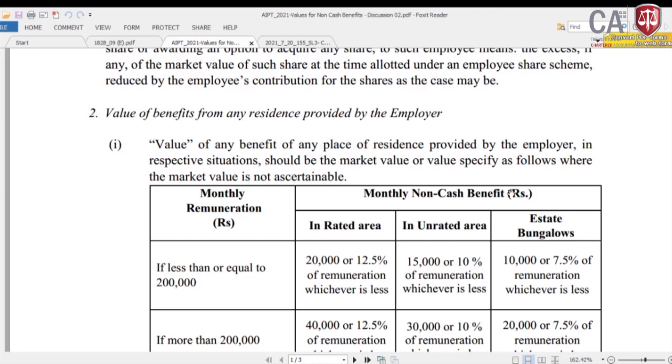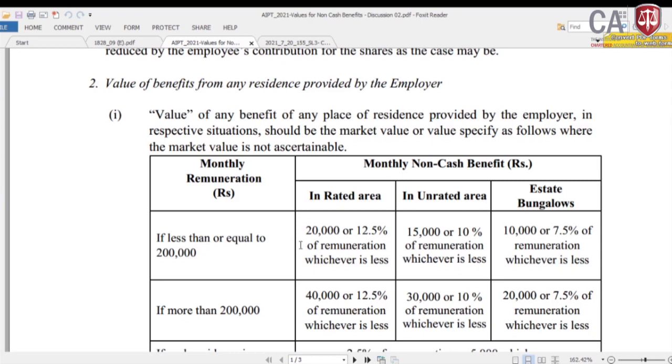That's why it is mentioned that the benefit provided by the employer should be the market value, or the value is specified as follows where the market value is not ascertainable. Always you should go for the fair market value. If the fair market value is not ascertainable, you should come to this document and analyze the situation.